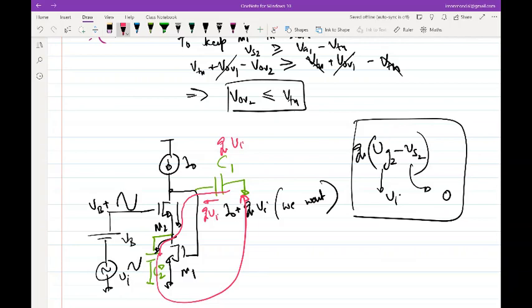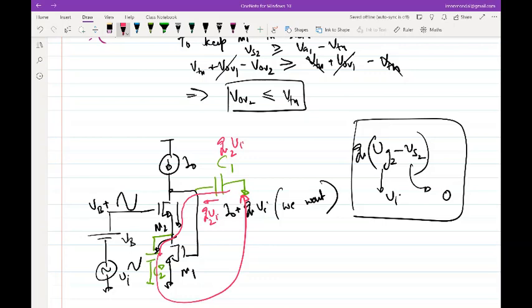Now, if I want Gm2 times Vi times R, correct. So if I want to get common source amplifier kind of functionality, what should I do?